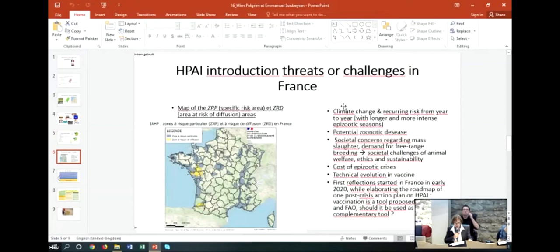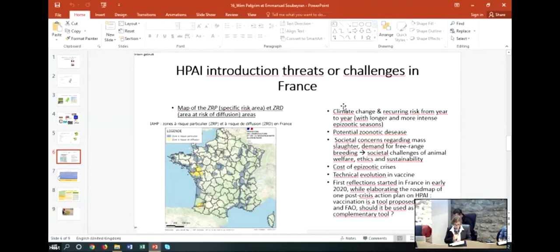On these slides, you can see the risk factors in France, which are shown on the first map. These are essentially migration routes and density of the farms. The risk zones linked to migration are called ZRP, near the sea and also near the most important rivers.